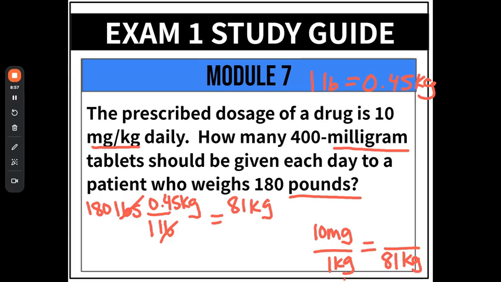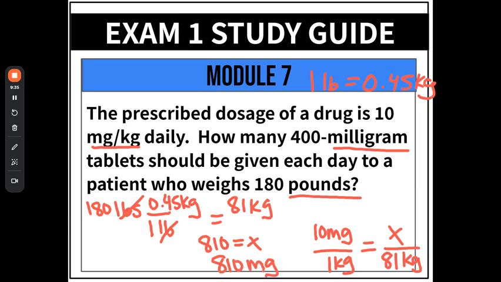We have matching units on the bottom, and we're going to have matching units on the top, but this is what we're searching for, so we're just going to call it x, okay? So to solve, we're going to cross multiply. 81 times 10, I'm going to write it over here. 81 times 10 is going to give us 810. 1 times x is just x. So x equals 810. But 810 what? Well, our units are going to match, so it's going to be 810 milligrams.